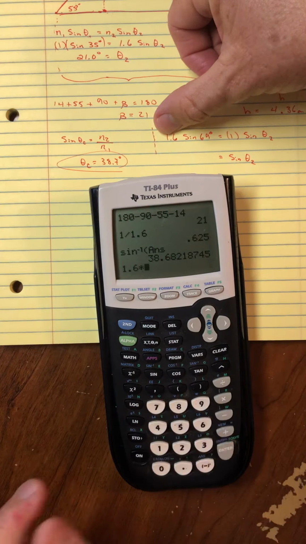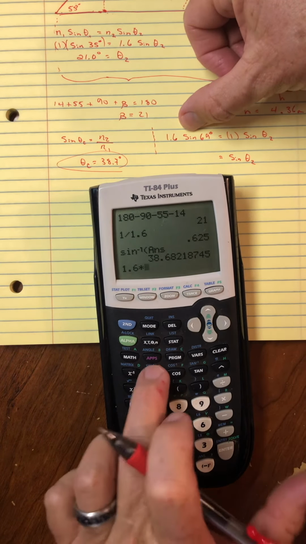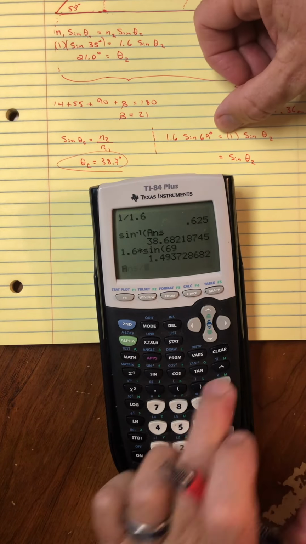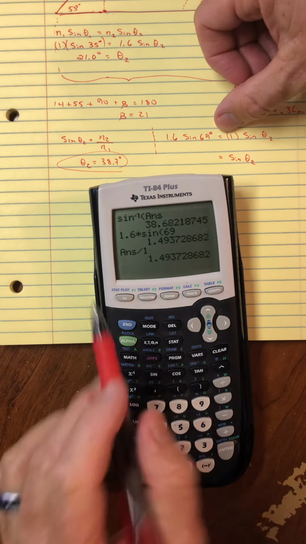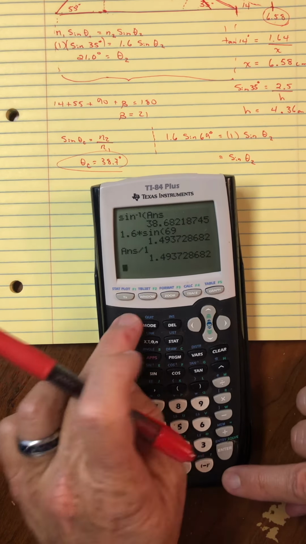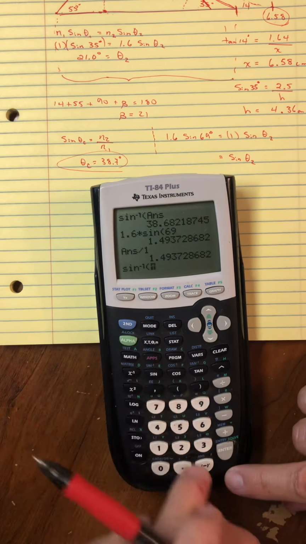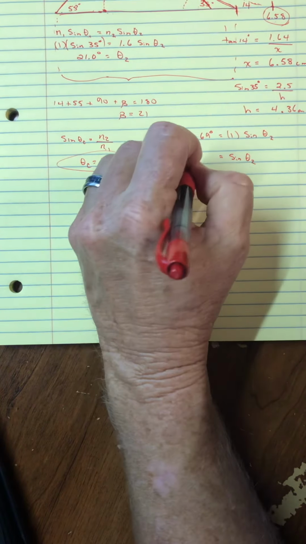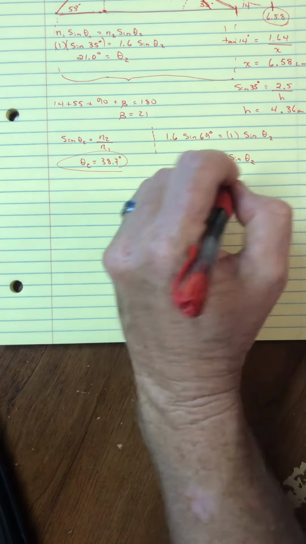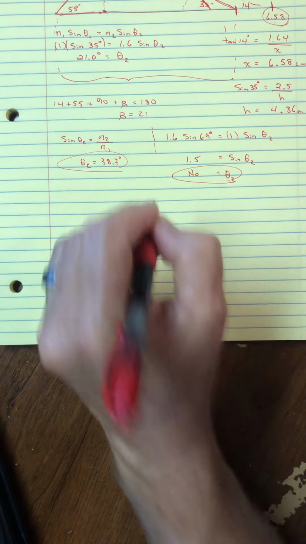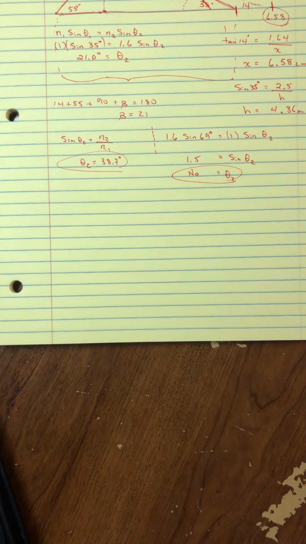So 1.6 times the sine of 69, then divided by 1. See, notice it's greater than 1. And so if I try to take the inverse sine of this, it's going to say error. What was this, about 1.5? Anyways, and so I'm just going to say no, there is no exit angle there.